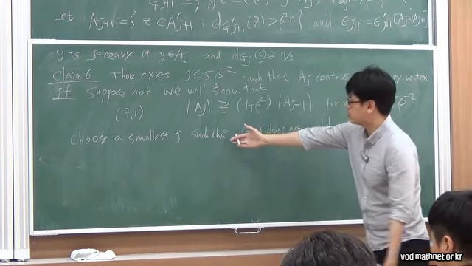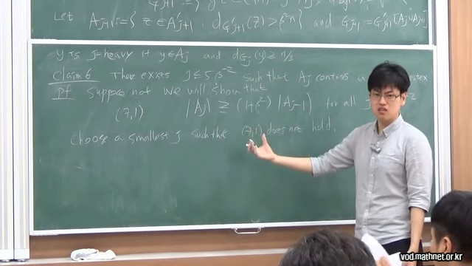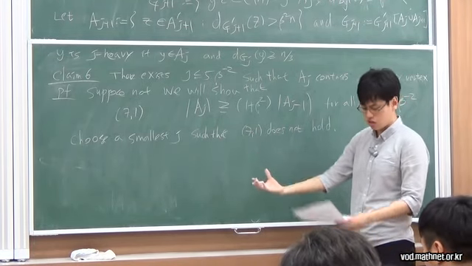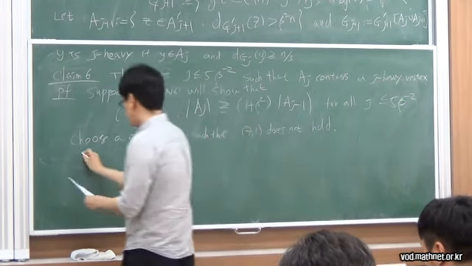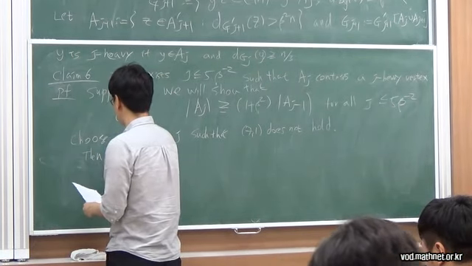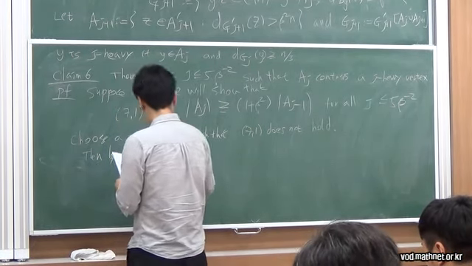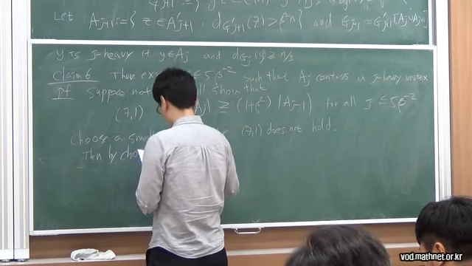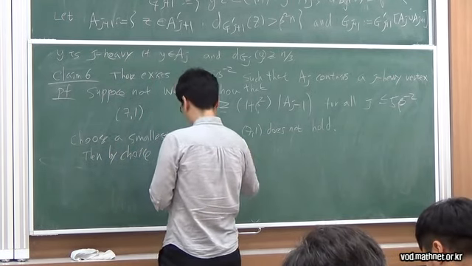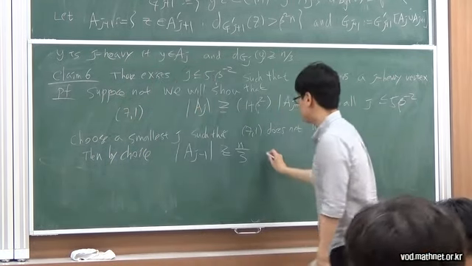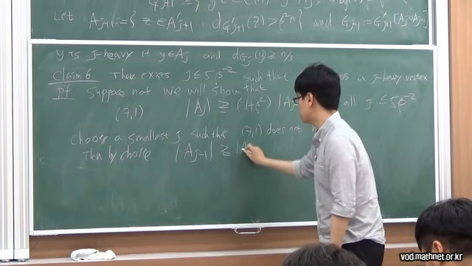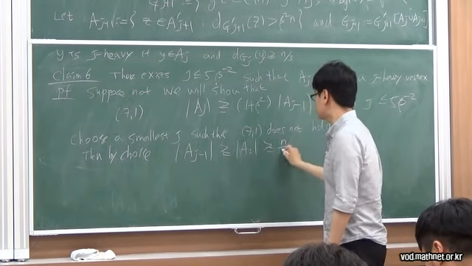Then that means up until now it always expanded. And J is the first time it doesn't expand. Then by the choice, we know that A sub J minus 1 is at least n over 3. It's at least, say, A sub 2, which is at least n over 3.